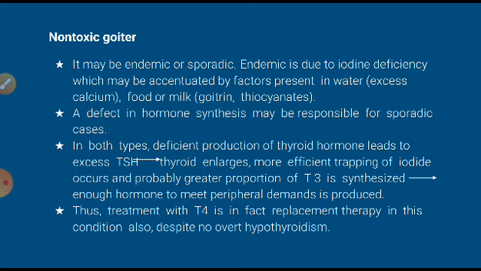In both types, both sporadic and endemic, deficient production of thyroid hormone leads to excess TSH. Then what will happen? The thyroid enlarges. More efficient trapping of iodide occurs and probably a greater proportion of T3 is synthesized. Enough hormone to meet peripheral demands is produced. Thus, treatment with T4 is in fact replacement therapy in this condition also, despite no overt hypothyroidism.